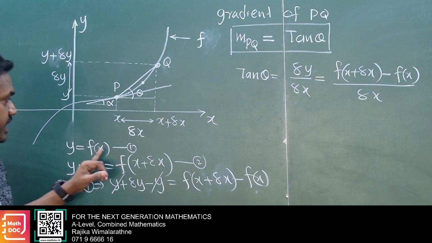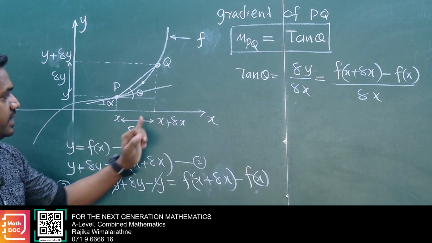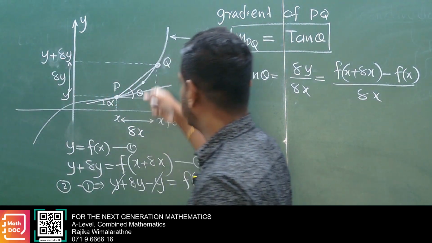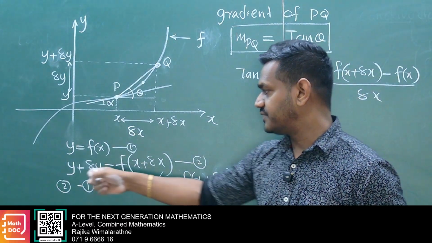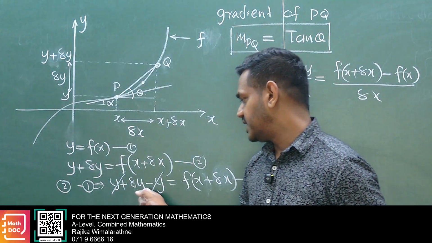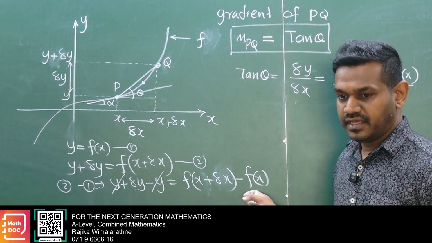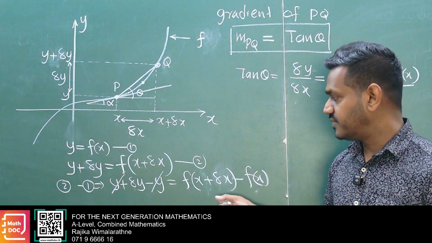Function f(x), y equals f(x). Here x has the corresponding image y equals f(x), and x plus delta x has the corresponding image y plus delta y. When you subtract, you can make delta y the subject, that is f(x plus delta x) minus f(x). Here you can't expand in the general way for f(x).